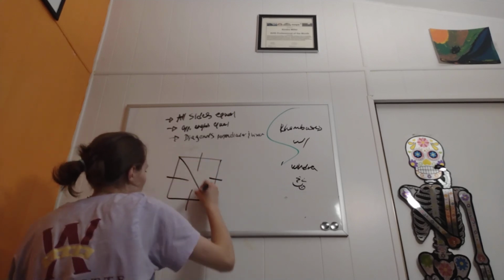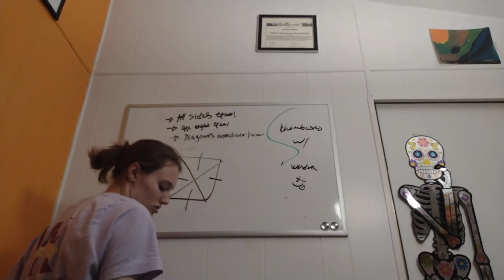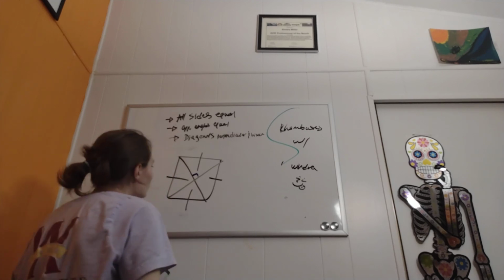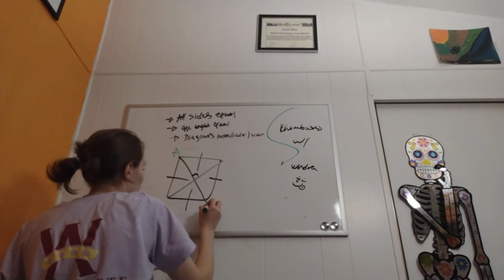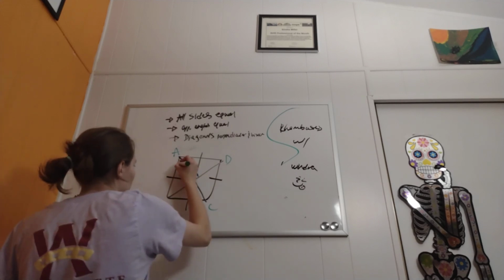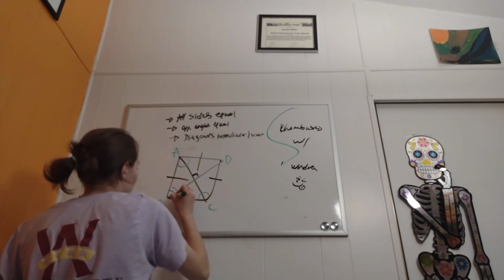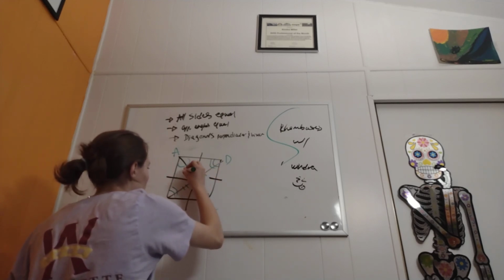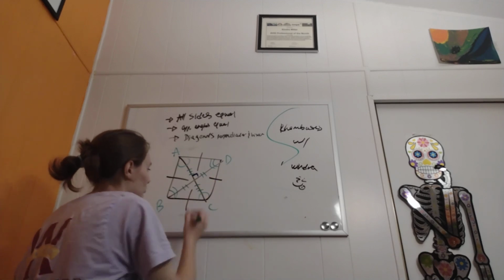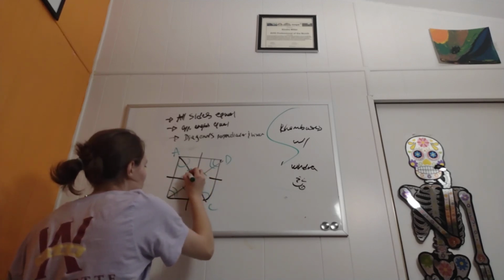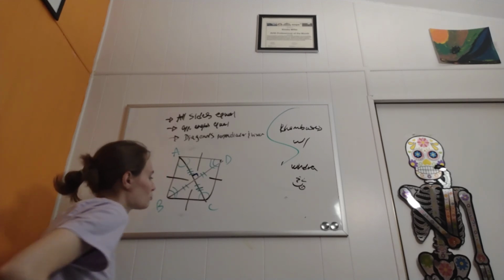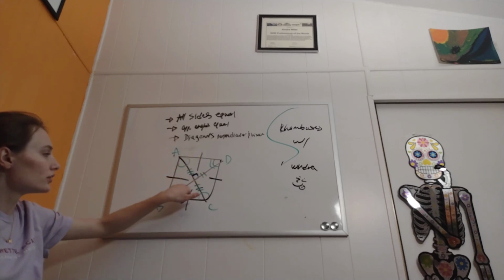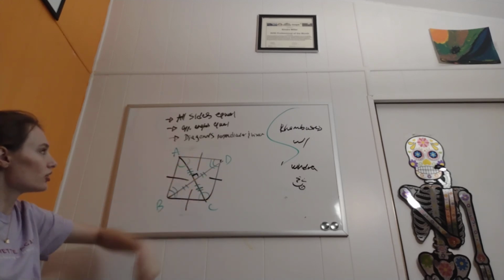So we're actually going to be writing this down. So we can see here that all sides are equal, demonstrated by this one line, symbolizing that they are all equal.